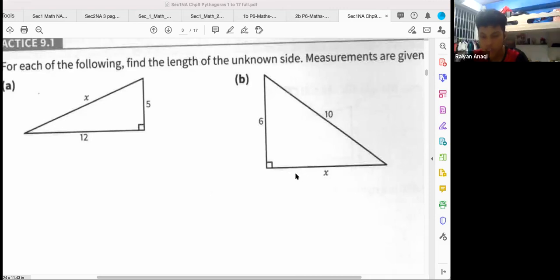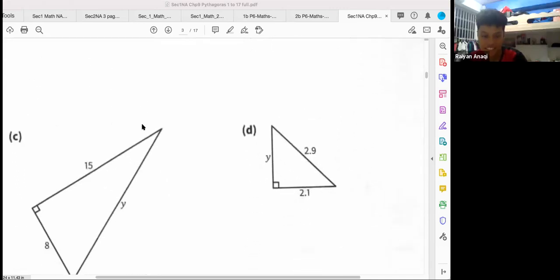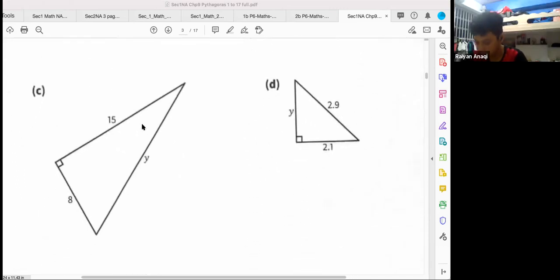The answer for B, 8. 8, well done. So how is it? Is it easy? Okay, we go further. We try C and D, and then we go to more complex ones.